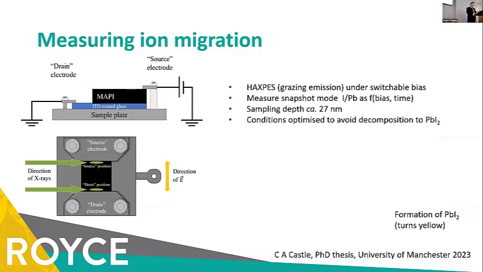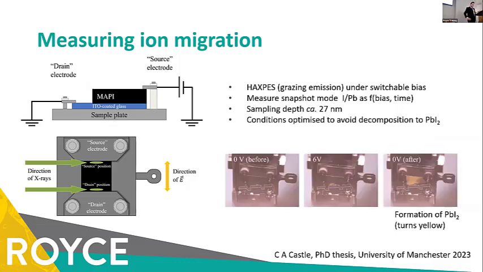We've also looked at some electrical measurements on these materials. So this isn't formamidinium lead iodide. This is more traditional methyl ammonium lead iodide. And we've done some electrical measurements, so directional bias. The sample is in a mount. You've got your source electrode essentially at the top and the drain electrode at the bottom. We can move our measurement position to the top and the bottom.